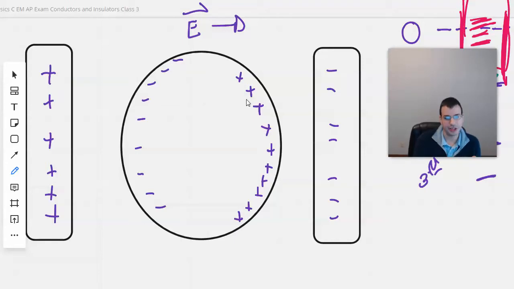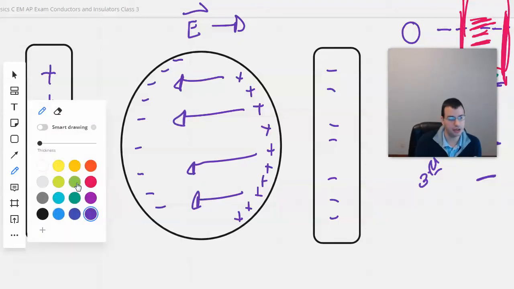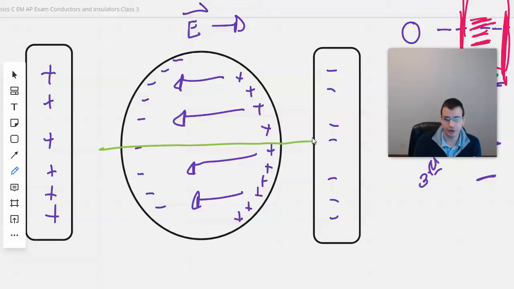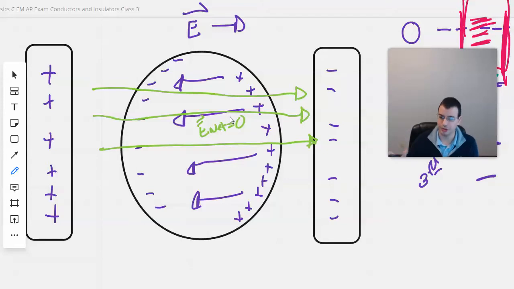So the idea here is there's now an electric field going this way, from the positive charges to the negative, and this is overlapping with the other electric field going this way. And so as a result, the total electric field within, net, in a conductor always equals 0.